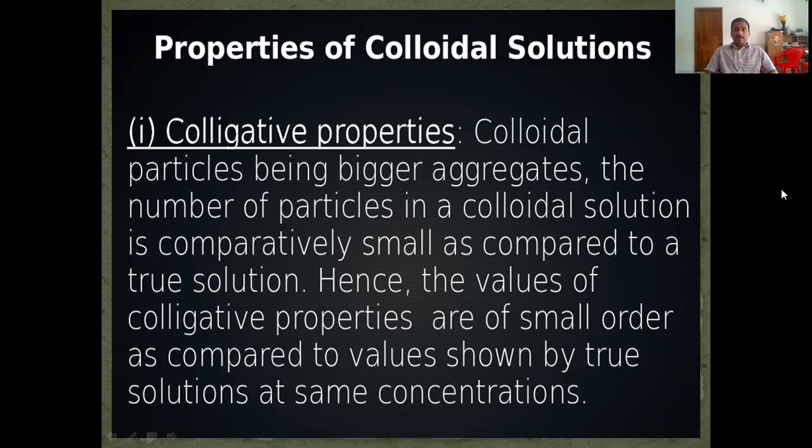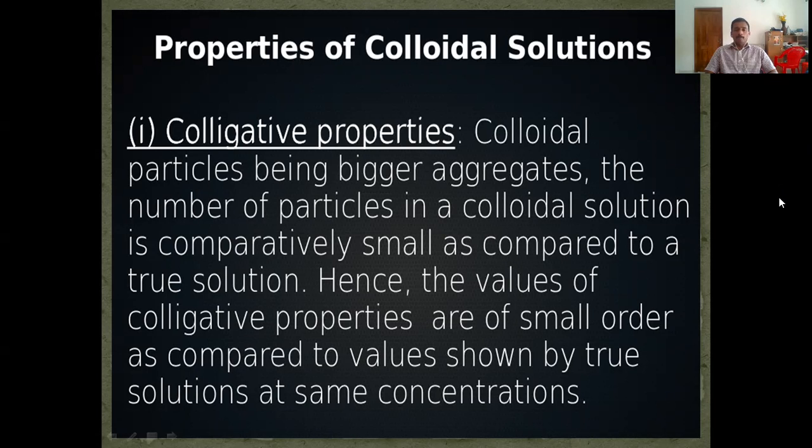The number of particles in a colloidal solution is comparatively small as compared to a true solution. We know colloidal particles are comparatively bigger in size, more than 1 nanometer, but in a solution less than 1 nanometer. And therefore, the number of particles will be less than that in the case of a true solution.